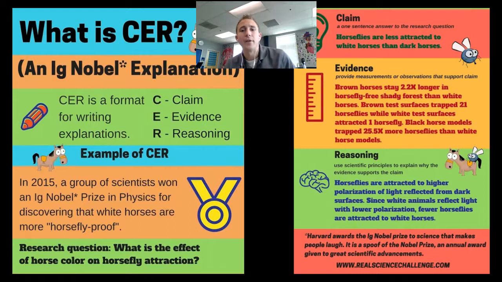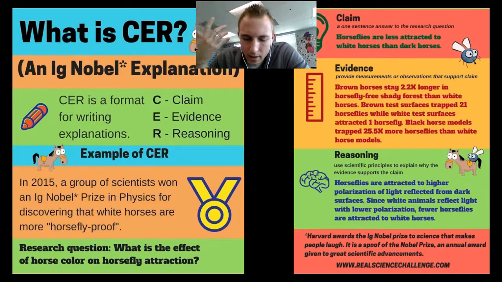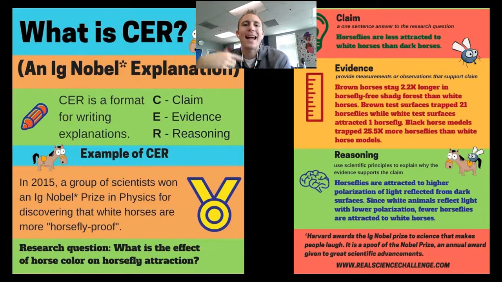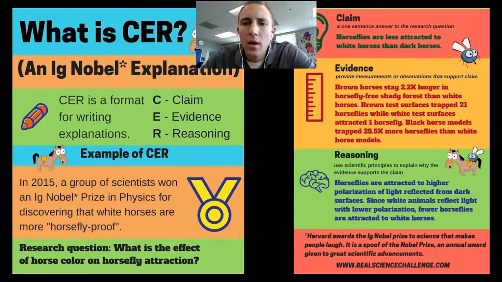So if we were to make the claim, our answer to this question that we are guessing would be correct, the claim here could be that horseflies are less attracted to white horses than dark horses. That's a one-sentence answer to that particular question. Then we need to support that claim with evidence.